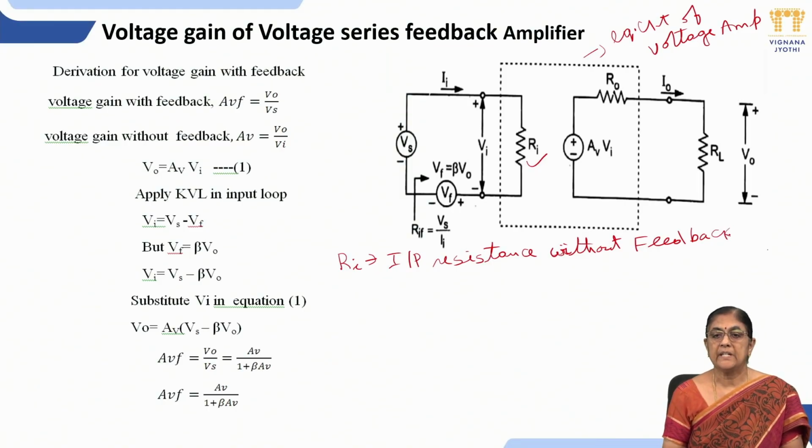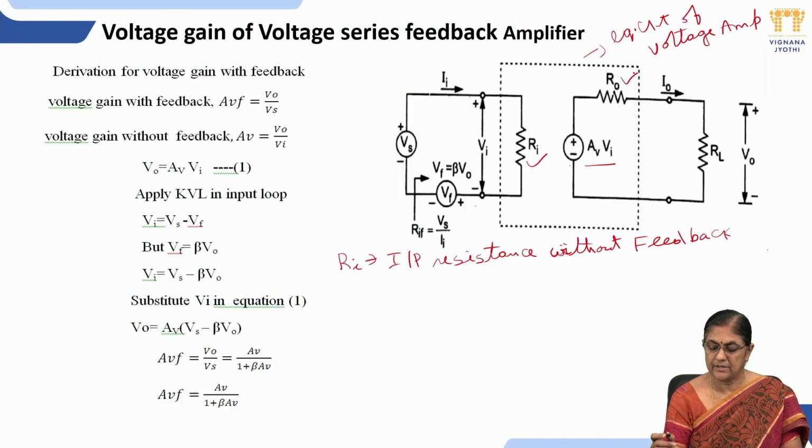AV is voltage gain of the amplifier. So input terminals of the voltage amplifier can be represented with Ri, where Ri is input resistance without feedback, and output terminals of the voltage amplifier can be represented with Thevenin equivalent circuit. What is Thevenin equivalent circuit? Voltage source in series with R0. Magnitude of that voltage source is AV into Vi, and output resistance is R0.